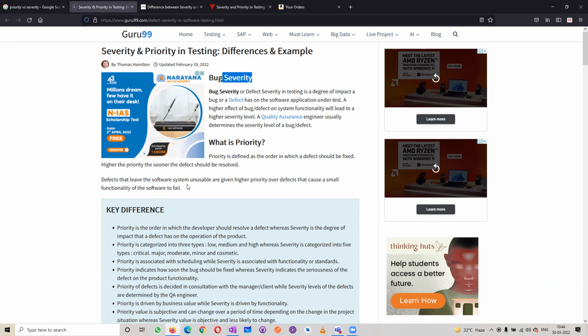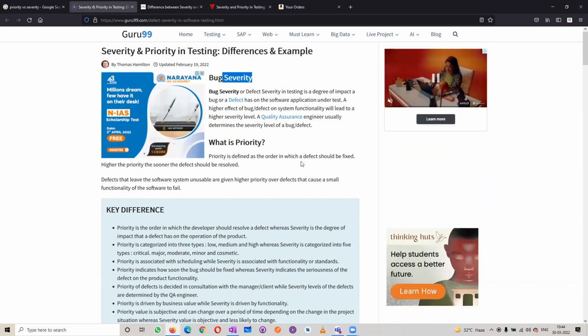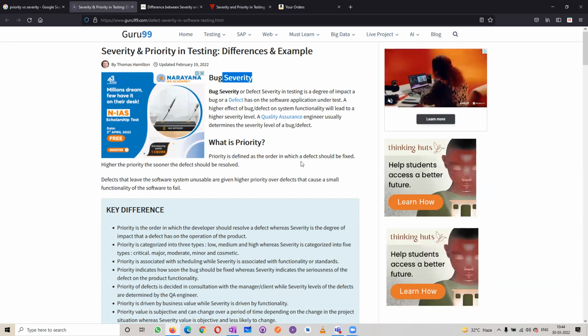Severity always talks about the seriousness of the bug, or the degree of impact: what seriousness this bug is trying to create. For example, you go to a payment page and the payments are not going through.